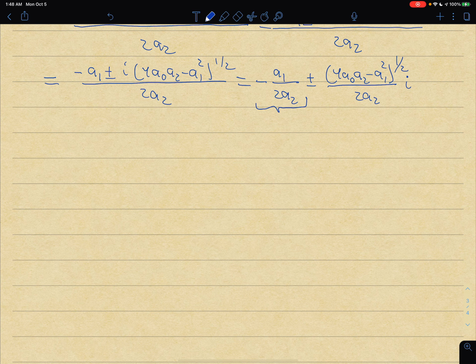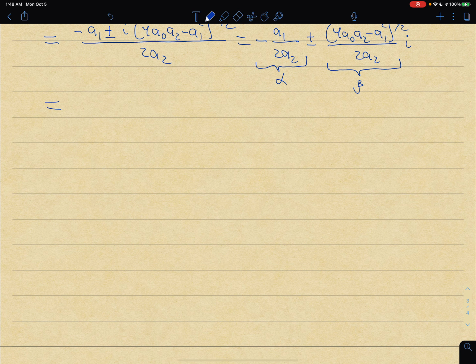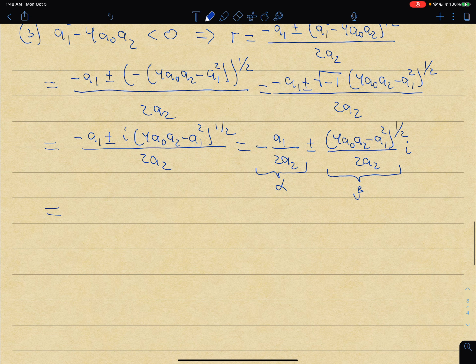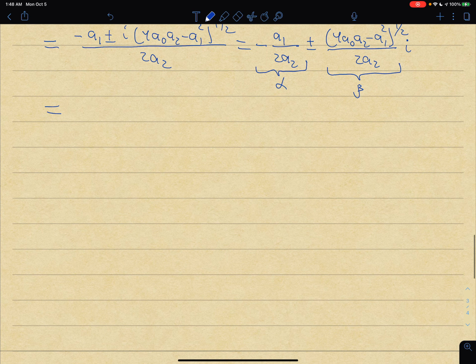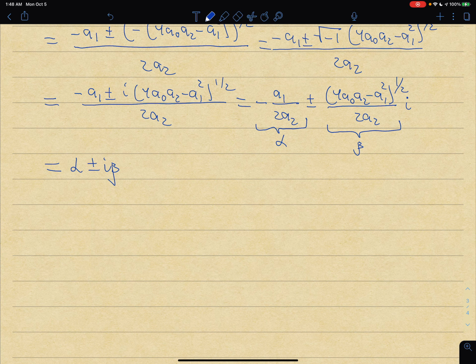I'm going to call this number alpha, and this number without the plus or minus, beta. And so what I got is that my solution of the characteristic equation now looks like alpha plus or minus i beta. If I know a1, a0, and a2, then I know exactly what alpha and beta are going to be.